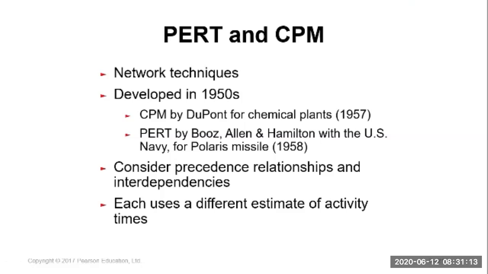But if you want to start activity G, before you can start G, you have to complete activity D first. After D is complete, then you can start activity G. This explains the precedence relationship and interdependency. It depends on another activity, and after that we can start the new activity.